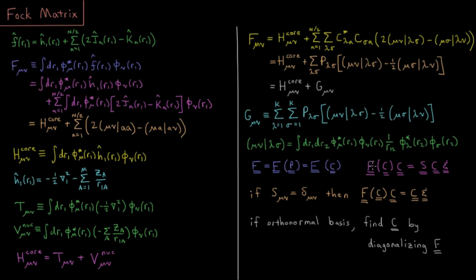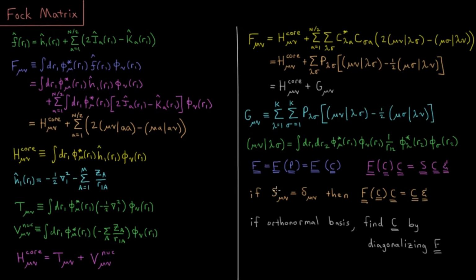So we're now trying to solve the nonlinear problem of the Fock matrix as a function of the C matrix times the C matrix equals the overlap matrix times the C matrix times the orbital energy matrix. So this looks somewhat complicated and messy, but we can make it a lot simpler if we use the following simplification.